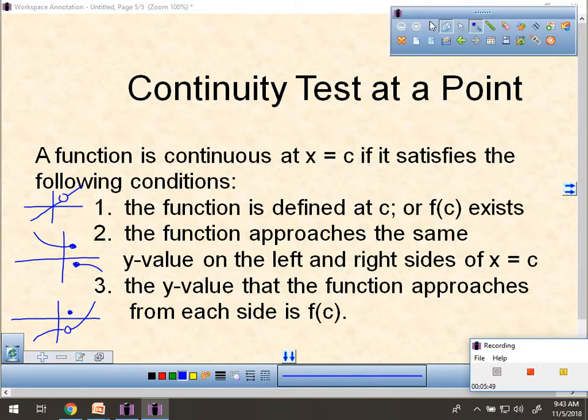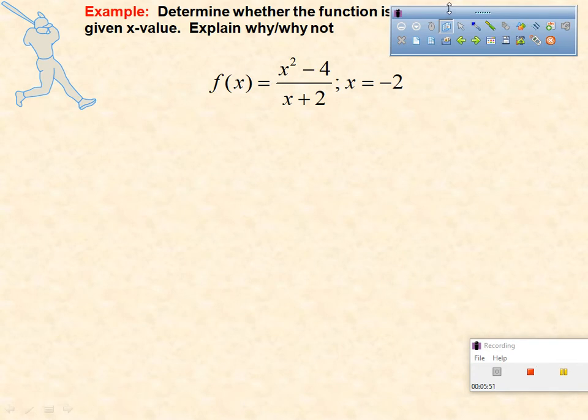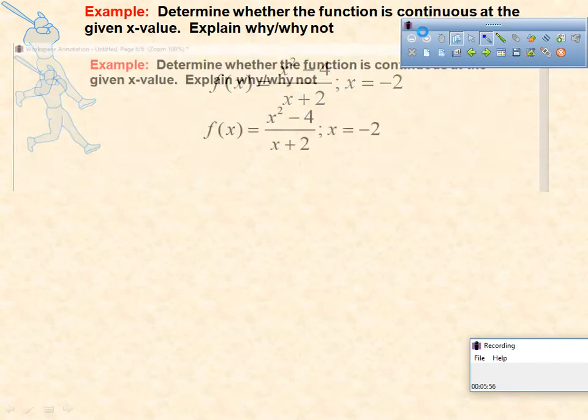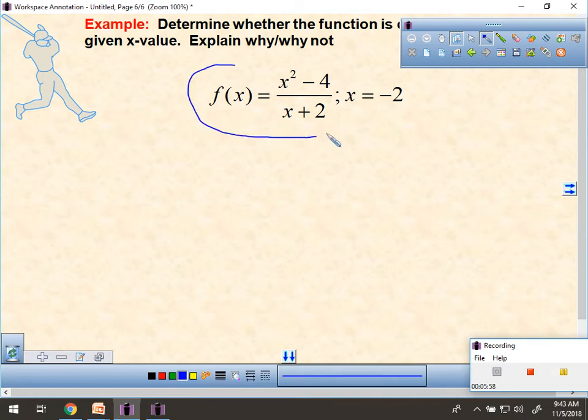All right, let's take a look at an example. So let's say that I gave you this function right here. I give you the function f of x equals x squared minus 4 over x plus 2. And I want you to determine whether or not the function is continuous at x equals -2, and you have to explain why or why not.